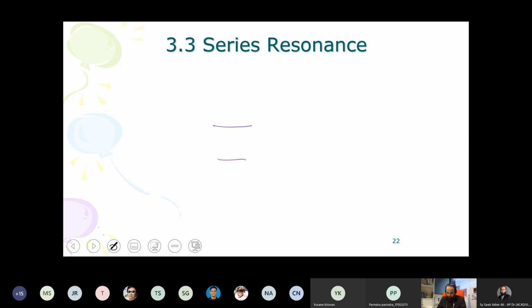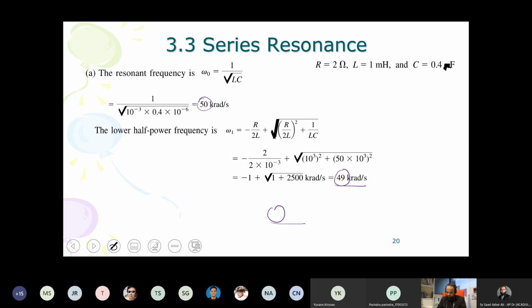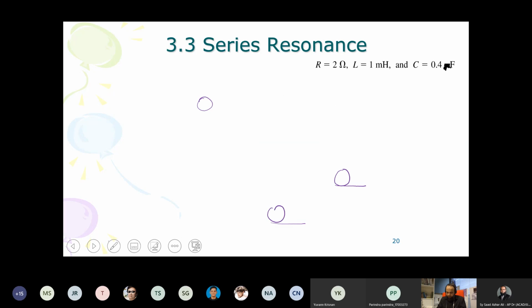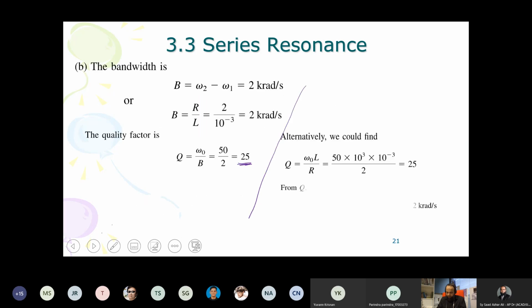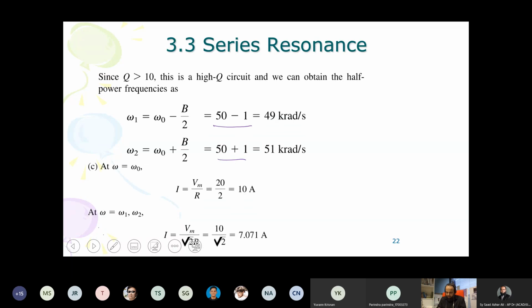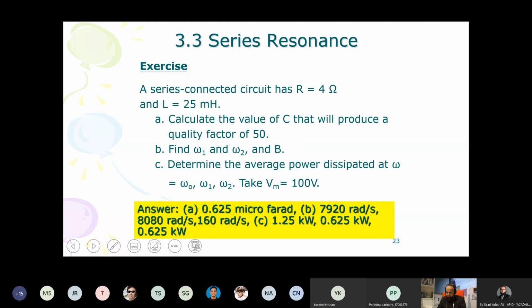Remember this is the circuit, but due to resonance, the effect of these are cancelled and we see only R. So for half power frequencies, we just put under root 2 times R instead of R, and we get this, and we can get the power as well.